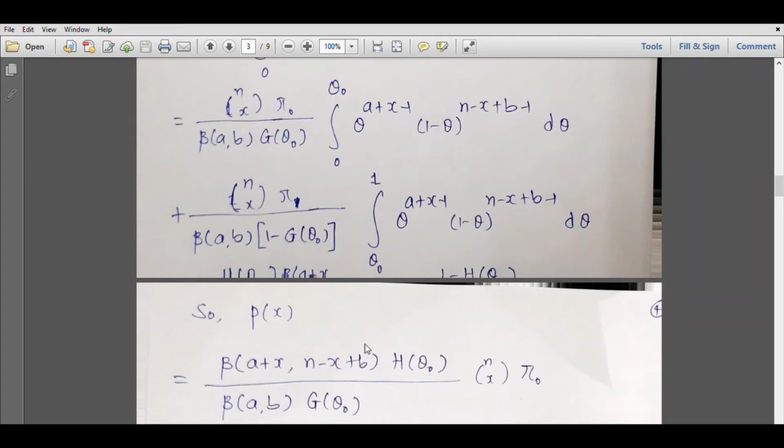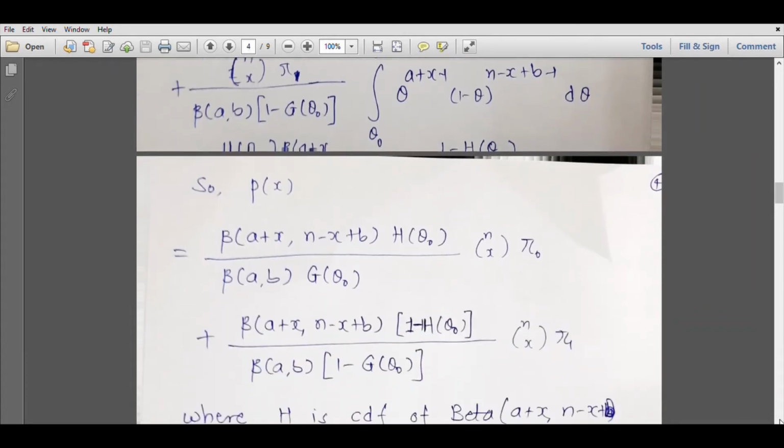Why do we get this beta? Because right now this is not a perfect beta density, so we divide and multiply by this constant to get it like this. So this will be beta(a plus x, n minus x plus b) into the CDF H at θ0, into n choose x π0, upon beta(a,b) g(θ0).